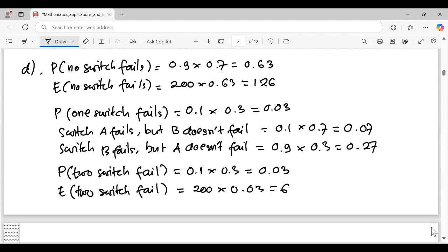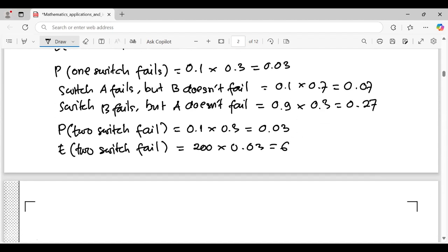And after that, I would like to calculate the expected value of one switch fails. 200 times 0.34. It is 68, right?